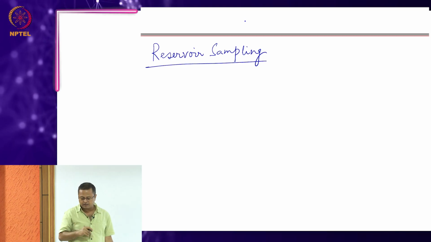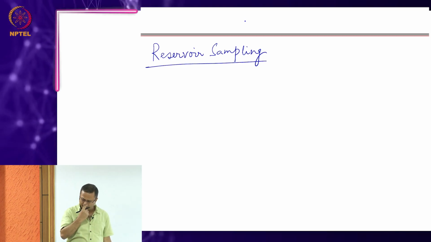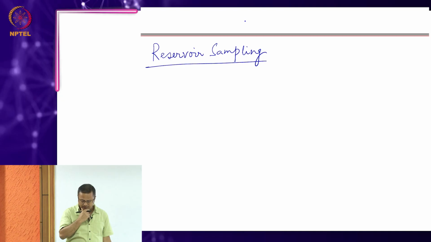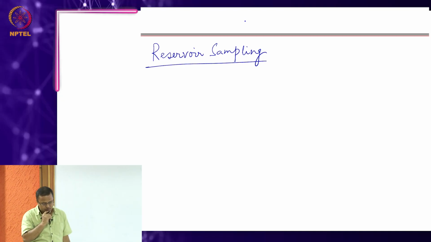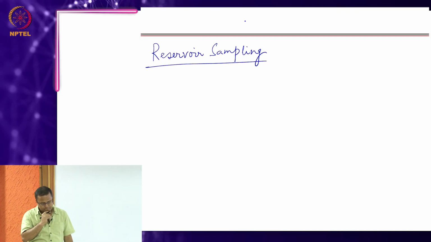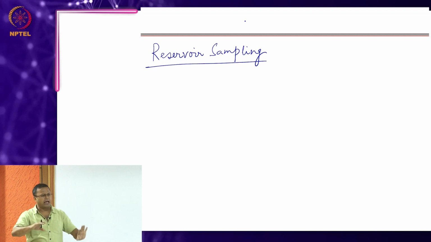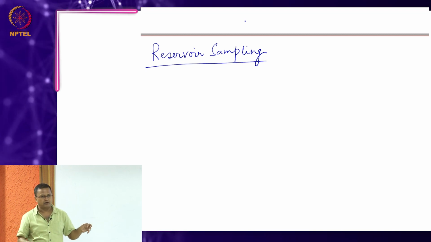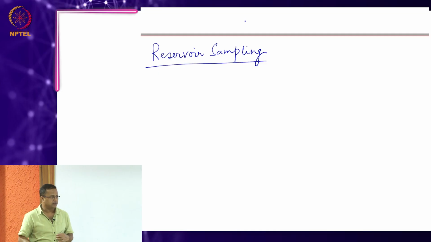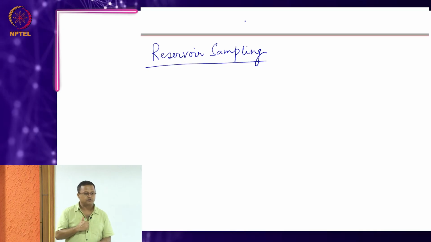This was a classic paper by Paul Witter around mid 80s, 1980s of the previous century. So, this aptly captures this network router problem. Okay. So, the problem is as follows.